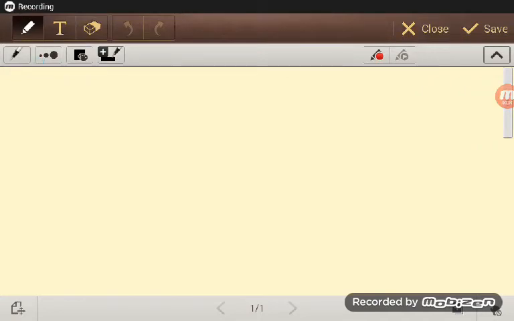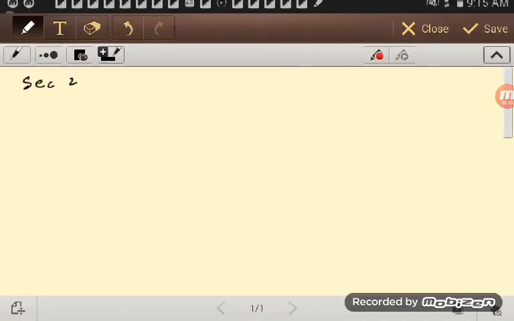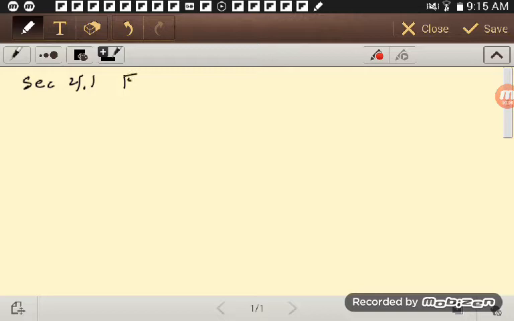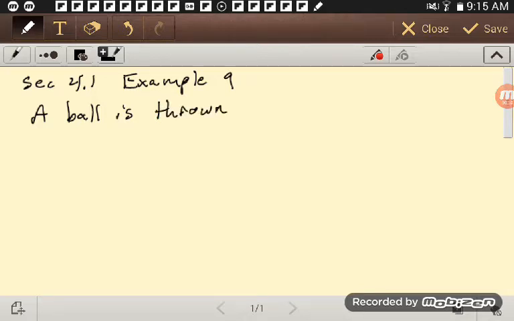Let's take a look at section 4.1 example 9, where they throw a ball. Okay, a ball is thrown, I guess straight up.